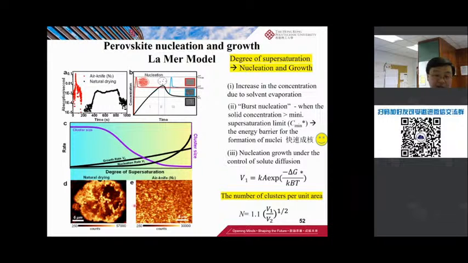And the bottom one, D, shows this natural dry perovskite after annealing. You see it's a big chunk. Okay, and this one is the air knife method that we can get a uniform and high photoluminescence, which indicates you have a good, high quality perovskite film.